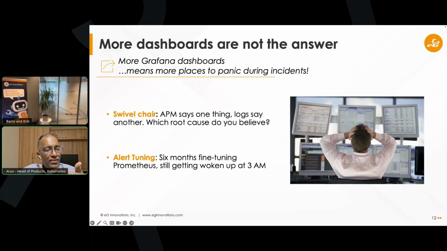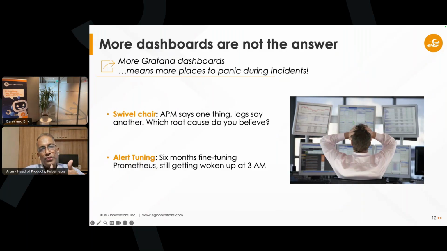And the myth is that the more dashboards you have the more visibility you get, and that's simply not true. In fact, the opposite is true. The more dashboards you have, during an incident, you are switching tabs across all these dashboards. So while you might have amazing open source solutions which have powerful graphing abilities or dashboarding abilities, that dashboard is just an enabler for the context that's stitched automatically.